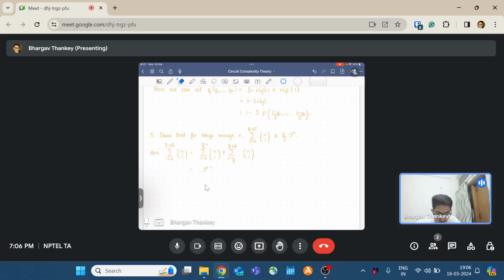So the sum from i equals 0 to n over 2 minus 1, plus the term at n over 2, plus the sum from n over 2 plus 1 to n, that would be 2 to the n.